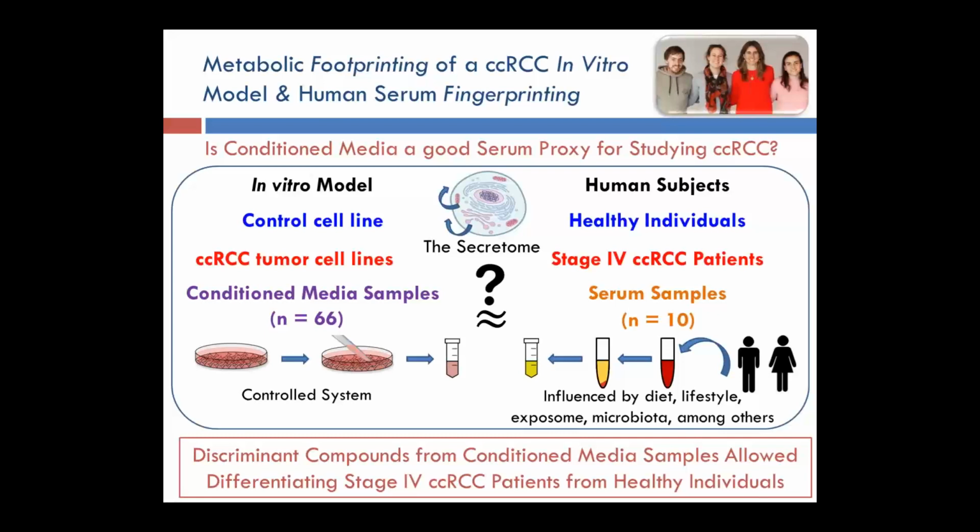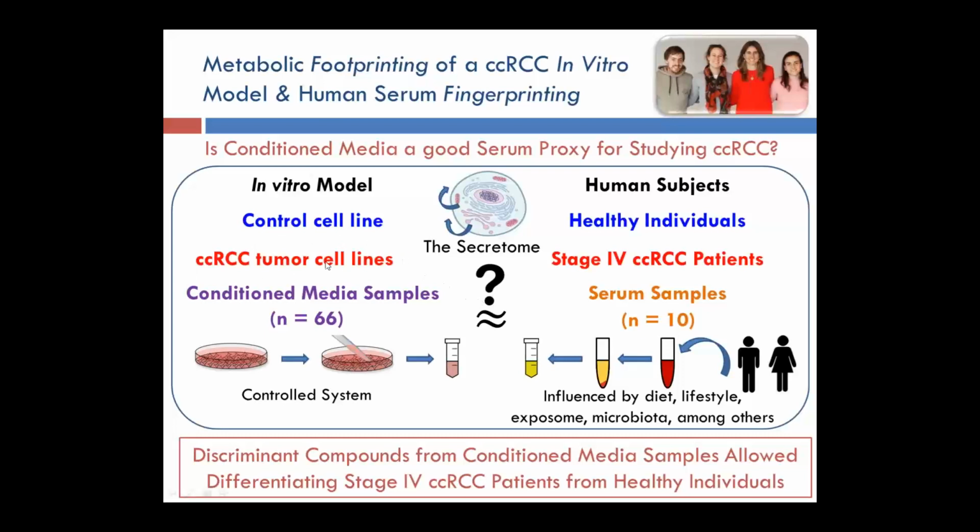And so with that goal, we designed a metabolic footprinting study to analyze conditioned media samples that were collected from a control cell line and 2 CCRCC tumor cell lines.